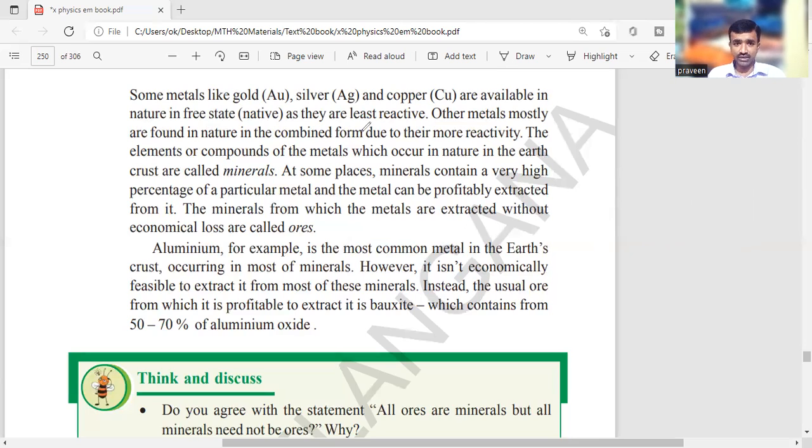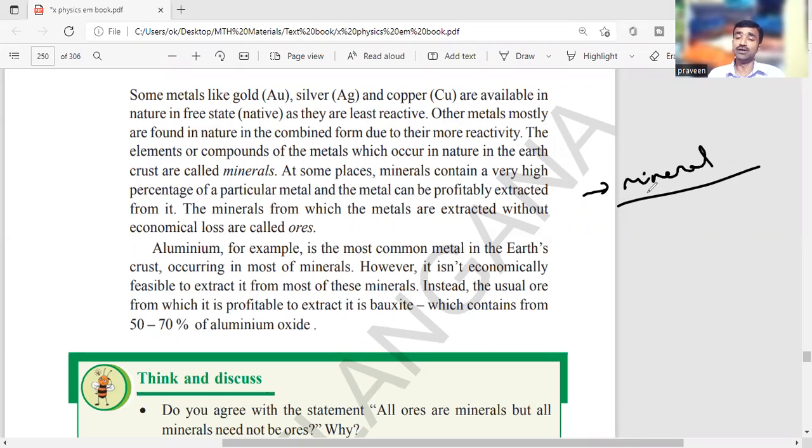Actually, whatever metal you are obtaining is available in the mineral form. Minerals are the elements or the compounds of the metals which occur in nature, especially in the earth crust, in the soil, right?